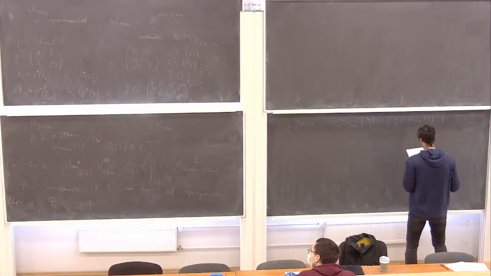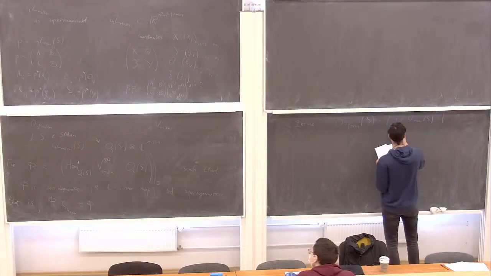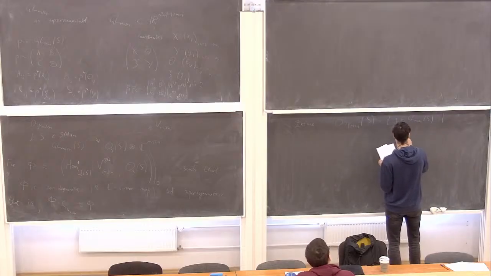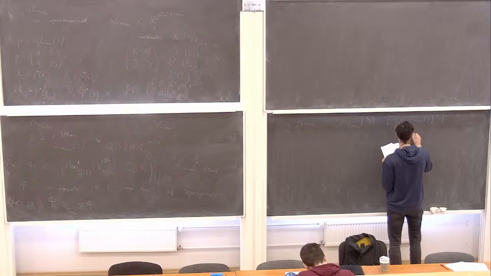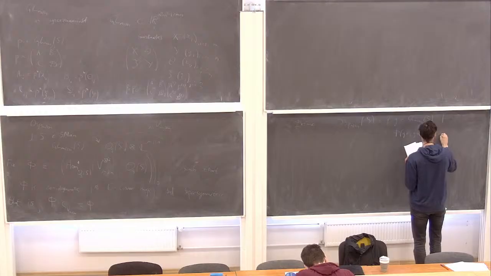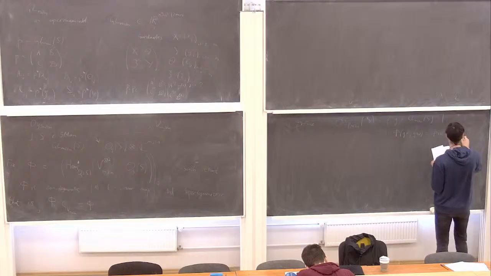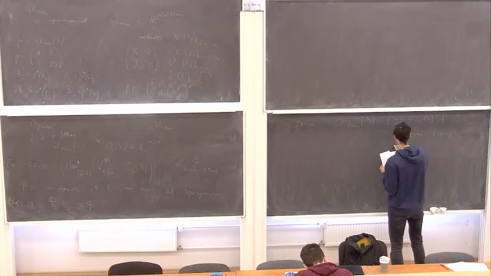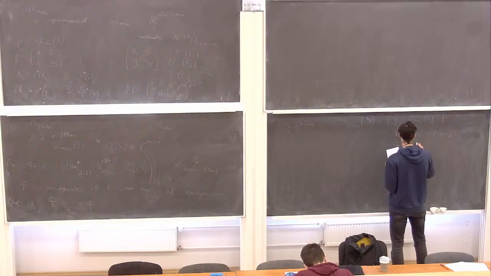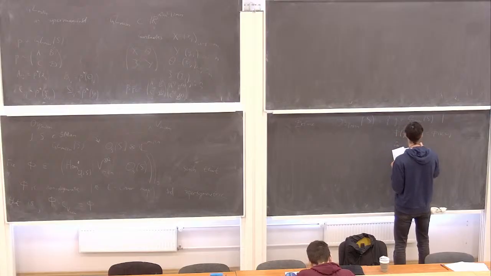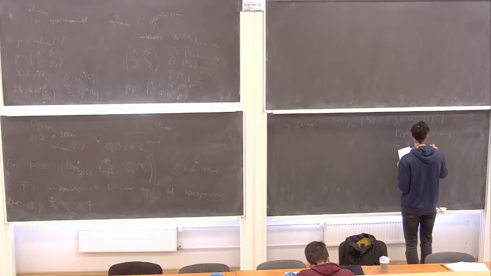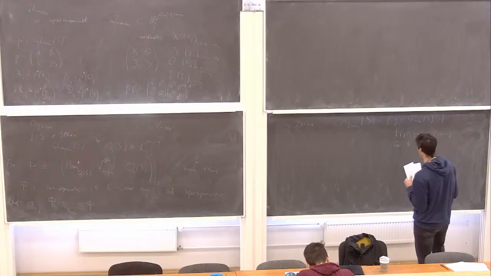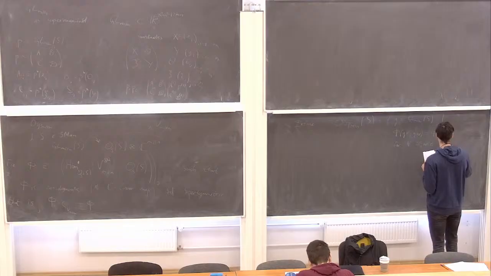So I will write it like this: phi of gv, gw is phi of v and w, for any g, for any v and w from V^(m|2n).